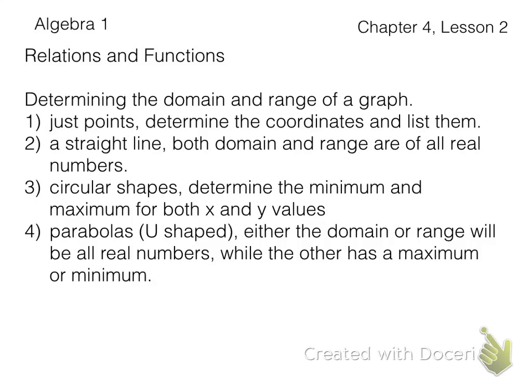But usually if you're looking at something that's already graphed, using the vertical line test is the quickest way to do it. I'll show you a straight line, I'll show you a circular shape or oval shape, and also a parabola. Now a parabola is something we're going to see more in the next couple chapters. It's kind of U-shaped, either upside down, right side up, left U, right U. You'll see some more. But for right now, you just need to know how to write the domain and range for all of these things.